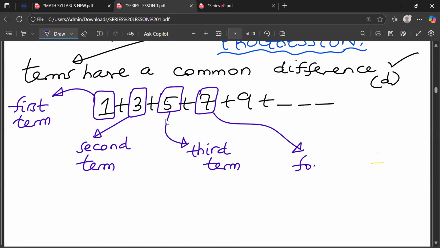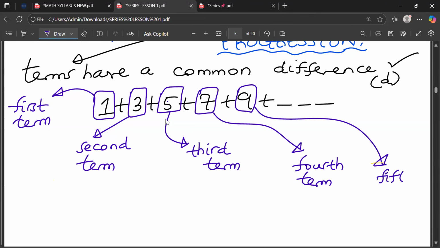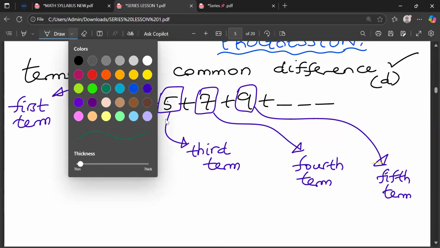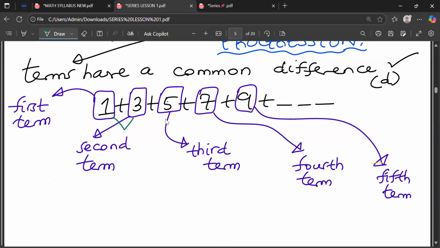Something I want us to derive together. So stay calm and make sure you get the scenario. Then this is our fifth term. So when I look at this, we agreed that we are just adding 2, adding 2, adding 2, adding 2.